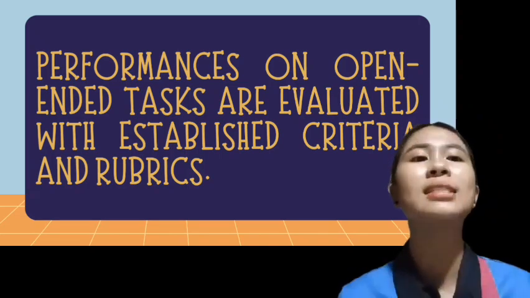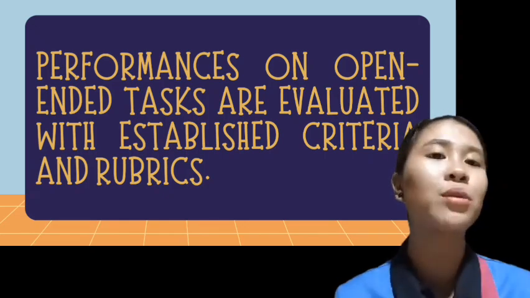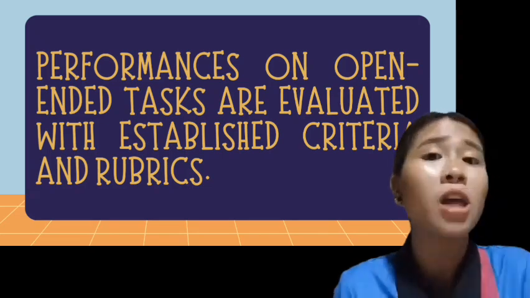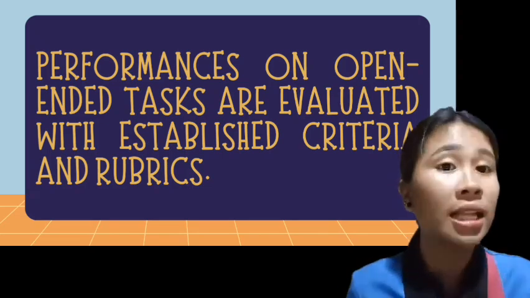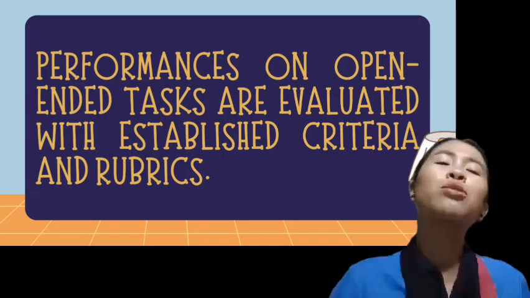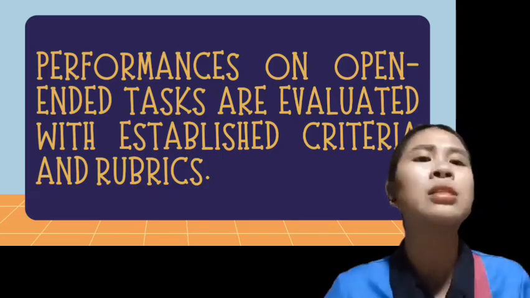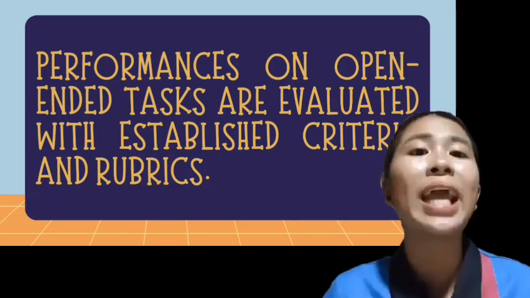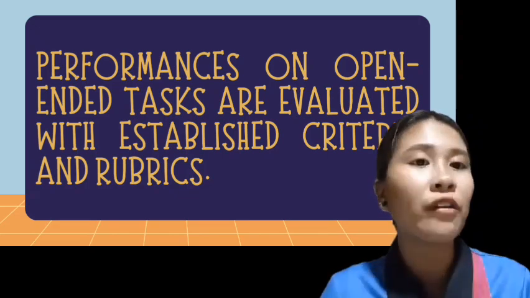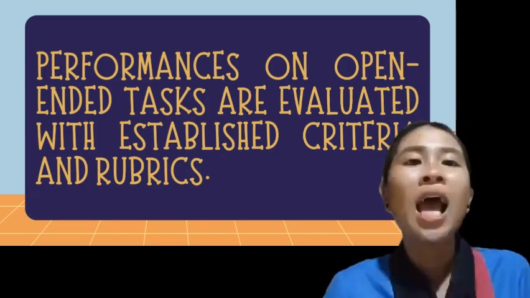Performances on open-ended tasks are evaluated with established criteria and rubrics to ensure that the assessment is objective, consistent, and transparent. Criteria and rubrics provide clear expectations and guidelines for what constitutes high-quality work and allow individuals to understand what is expected of them and how their work will be evaluated.